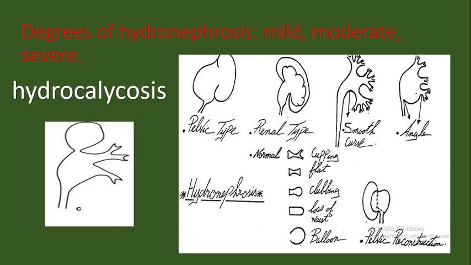Here abnormal, biconcave shape, pelvic type in the renal pelvis, renal type. Here normal cupping, the shape of the calyces is cupping, as we see here. When very much water enters, they will be flat first. These are the degrees of hydronephrosis. First flat, then clubbing, loss of waist, till balloon shape.